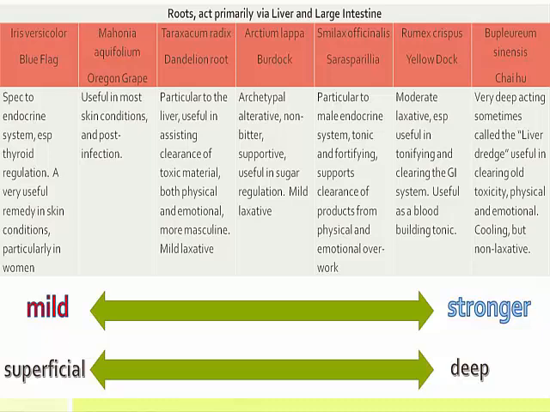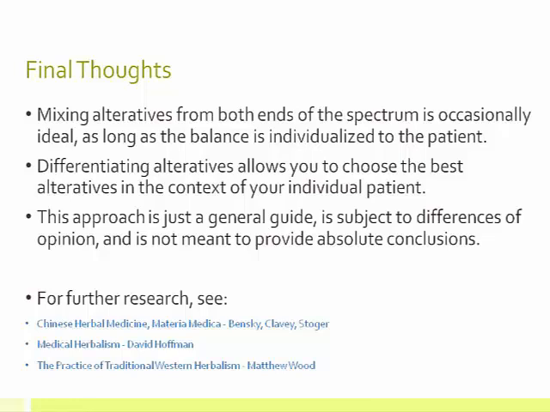Final thoughts on alteratives. You can absolutely mix alteratives from the leafy and the rooty. Now we've talked about just alteratives here, but truthfully, you will usually be pairing alteratives with other specific actions in your formula. You might choose alterative as your main action, but then you might say, okay, specifically, I want hepatic, and you focus there, but you say, you know what else?